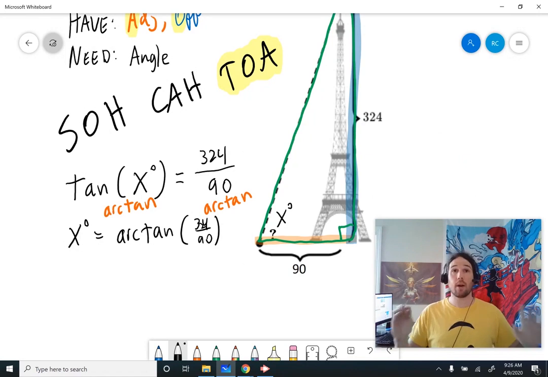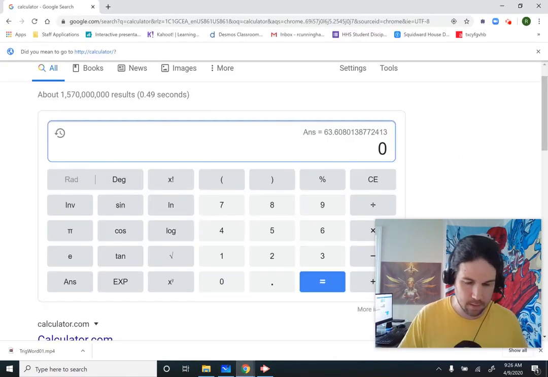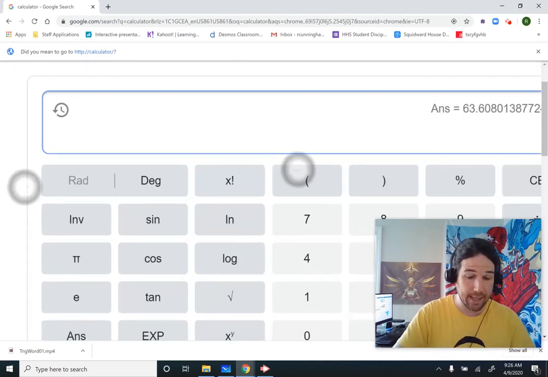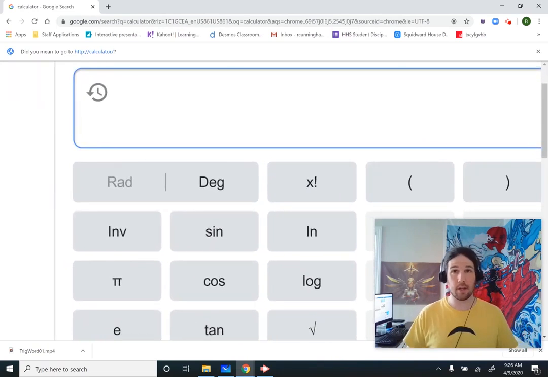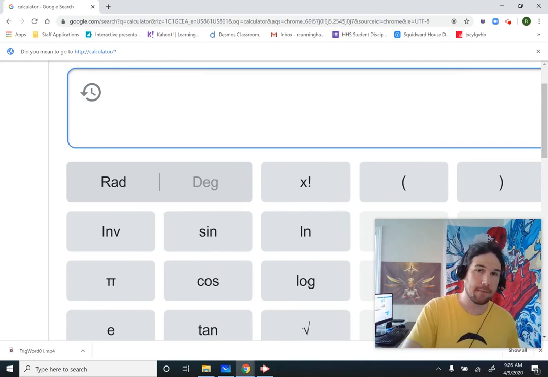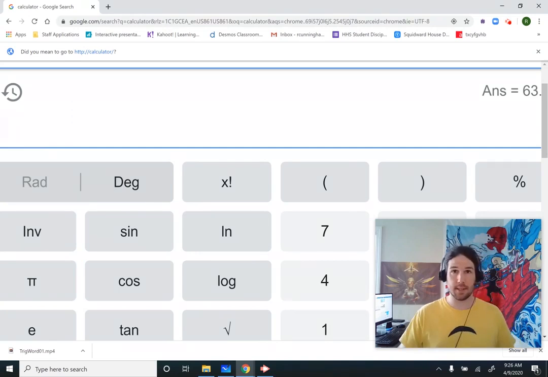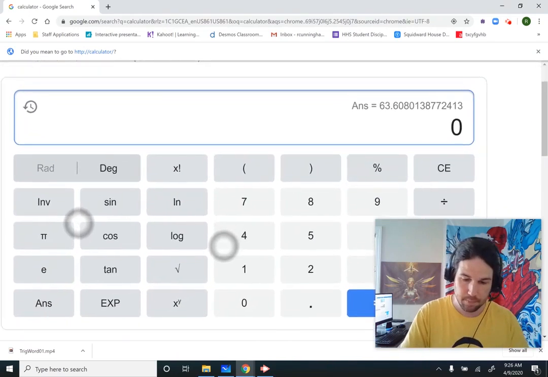And again, now we are in calculator play mode. I'm going to move back over to my calculator. Again, like I said in the last video, especially if you're using the Google calculator, the Google calculator always defaults to radians when you first log into it. So you got to check this upper left button and make sure that degrees is the one that is highlighted.